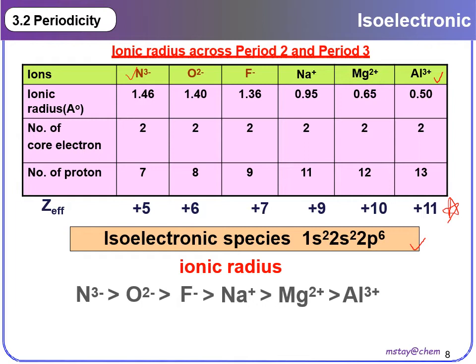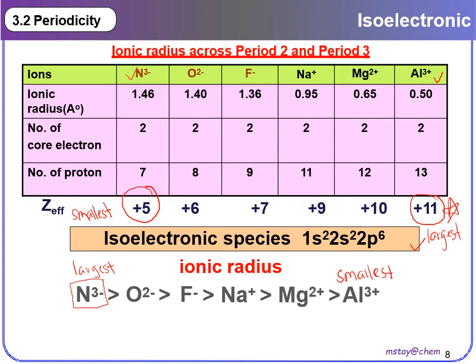Because the effective nuclear charge for the nitride ion is the smallest, there is the weakest attraction between the nucleus and valence electrons, so its size is the largest. The smaller the effective nuclear charge, the larger the ionic radius, while positive 11 is the effective nuclear charge for aluminium 3 plus.